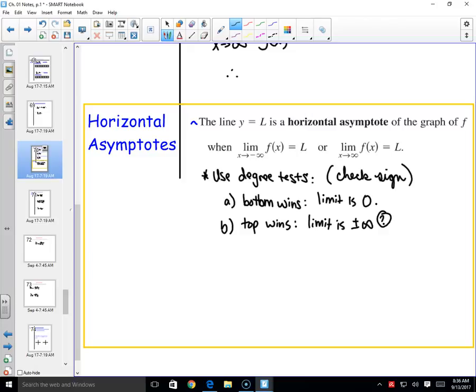What was the question mark for? Check the sign. You have to check plus or minus infinity. It's only going to be one as you go one direction. The letter C. Tie, right? The limit is the ratio of the leading coefficients.